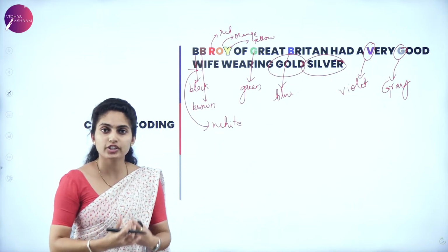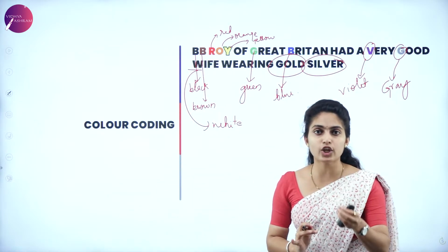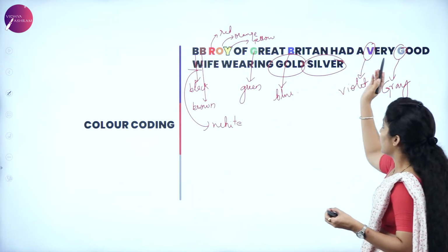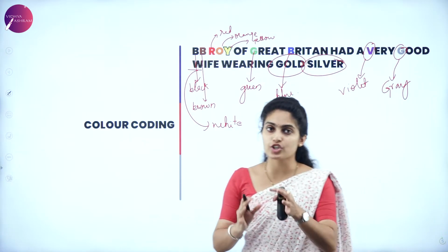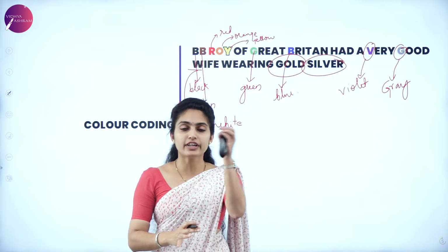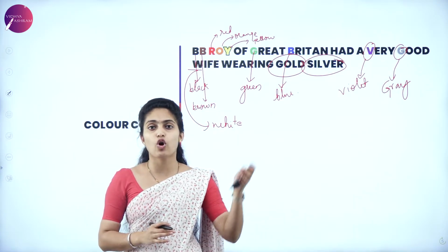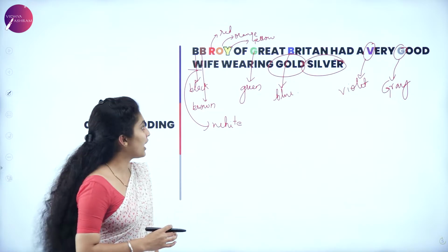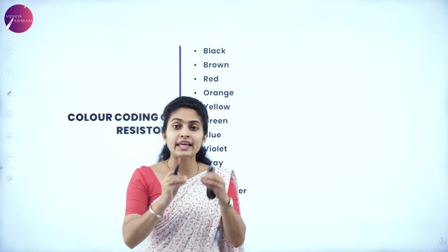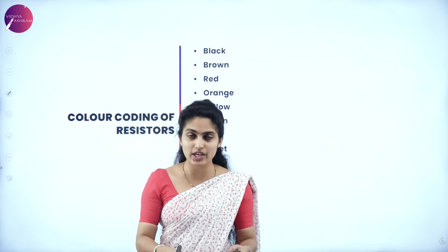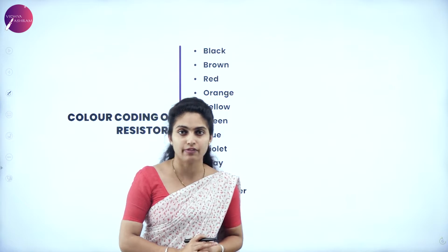So the shortcut we use is B.B. Roy of Great Britain had a very good wife wearing gold, silver. So that is all about your color coding. Now let us substitute the values for this color coding. We are talking only about resistors. In this chapter, our concentration is only on resistors.